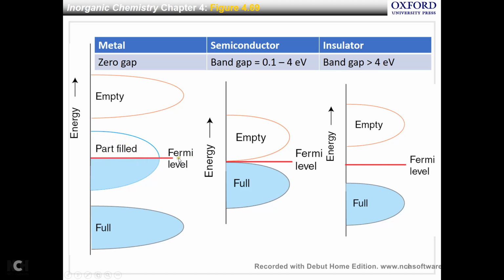In between, this Fermi energy level is the level at which we have 50% probability of observing an electron. A metal can conduct electricity because it's very, very easy to promote an electron from below the Fermi level to above the Fermi level. So over here, these electrons can be easily accelerated.